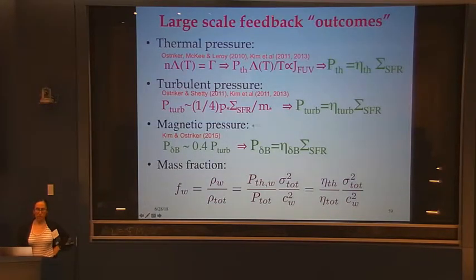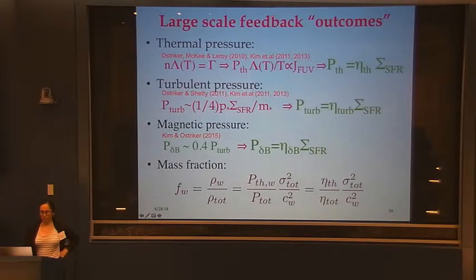So you can also look at the effects of magnetic fields. Magnetic fields, as Chang-Gu discussed, are created by dynamos in a turbulent shearing disk. So the dynamo amplifies any pre-existing magnetic field, which is probably very weak. So there's both a mean field that grows and a turbulent field. And of course, this turbulent field will reflect the velocity dispersion in the gas.